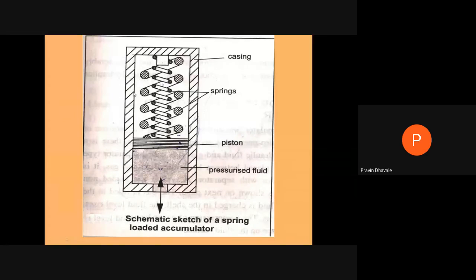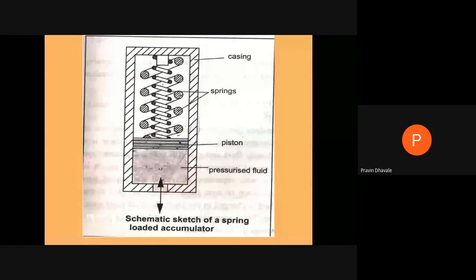Here we are getting 100, here we are getting 80, 70, 60, 50, 20. At the last, it will be near about 10 pascal, whatever the unit, right? So we cannot maintain a steady pressure on the fluid coming out from the actuator as in a dead weight type accumulator, which we discussed in the last slide, right?